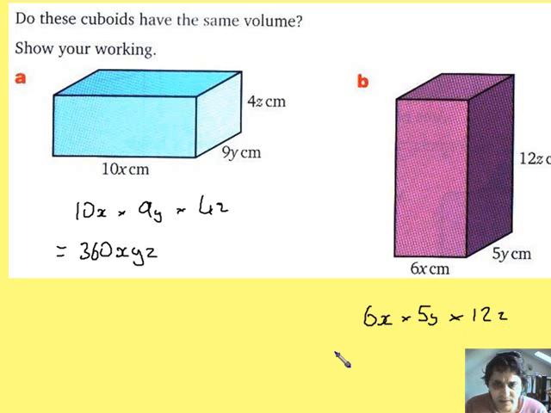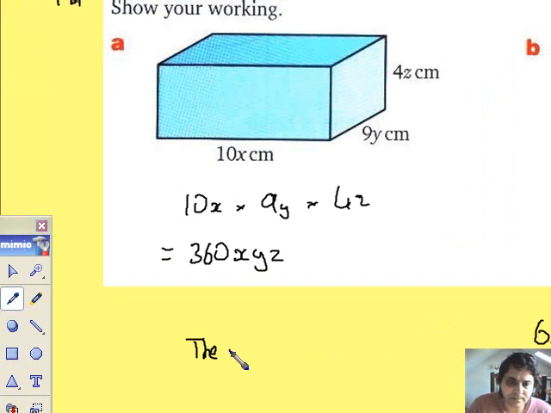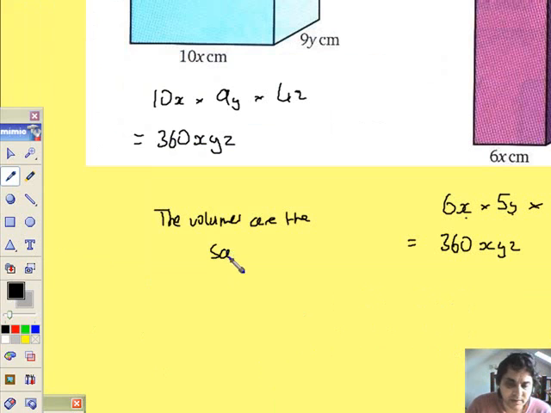Lovely. Well, let's just do this. I've got 6 times 5 times 12 equals, oh my goodness, there it is, 360 x times y times z, xyz. So what have I got here? The volumes are the same.